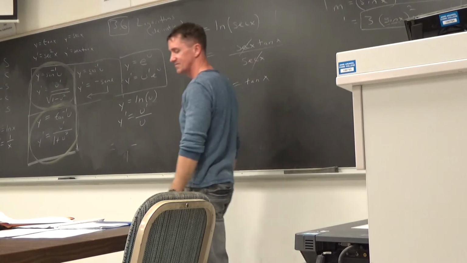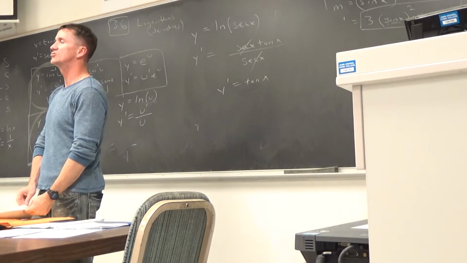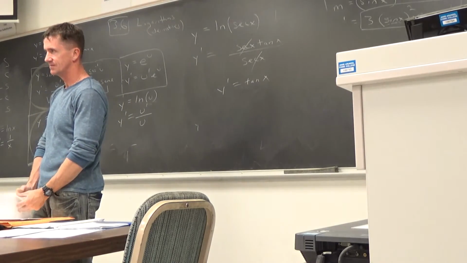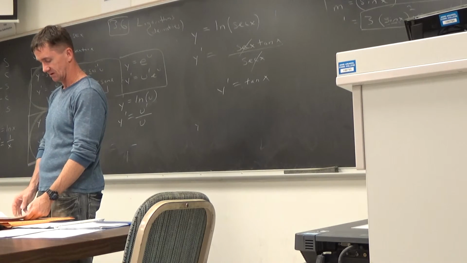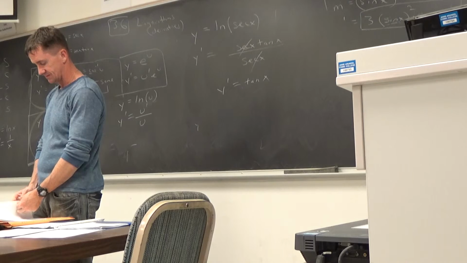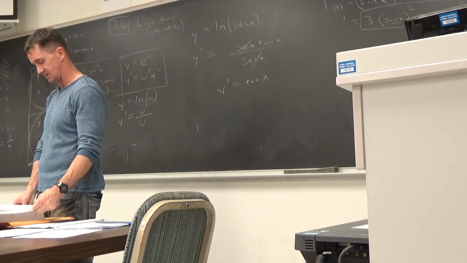Isn't that cool? So when it's the natural log of these trig functions, they're kind of fun, aren't they? All right. I thought I saw one in the textbook earlier. Put it on my practice sheet.